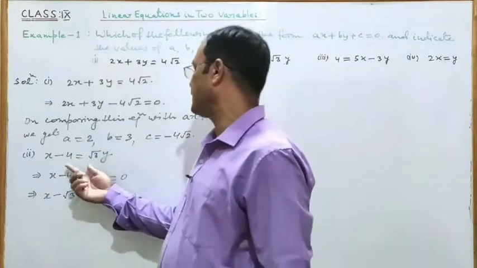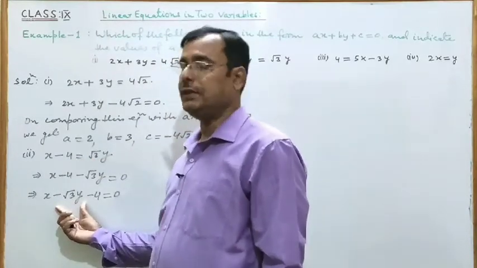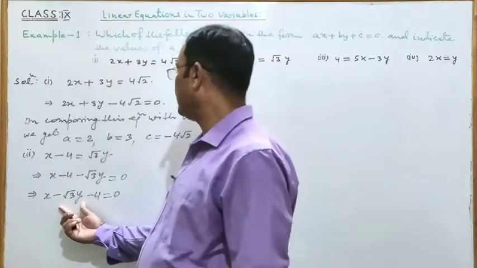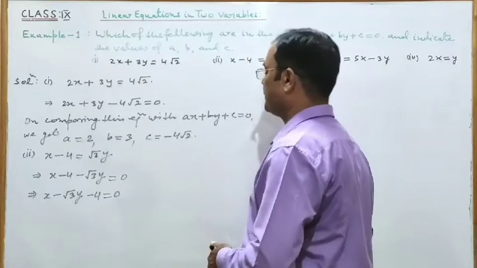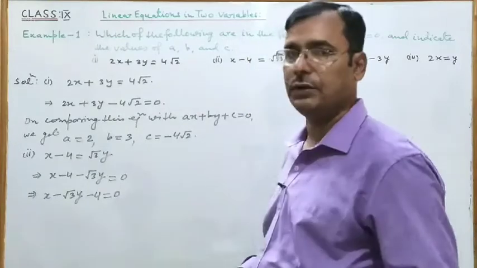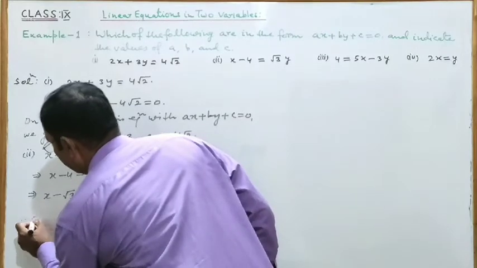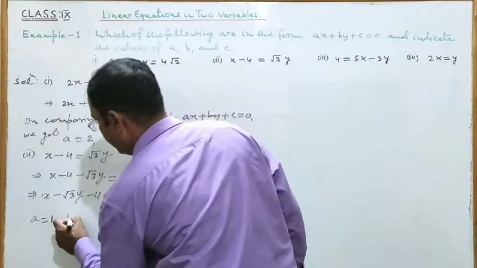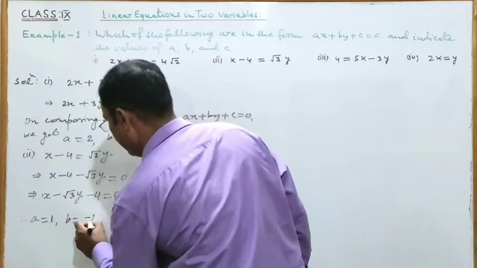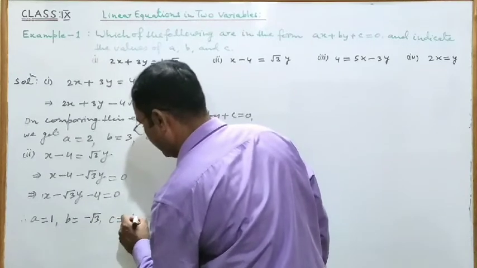Now this given equation is in the form of ax plus by plus c equal to 0. So on comparing this equation with the linear equation in standard form, we can write a is equal to 1, coefficient of x, b, coefficient of y, is minus root 3, and c, constant term, is minus 4.